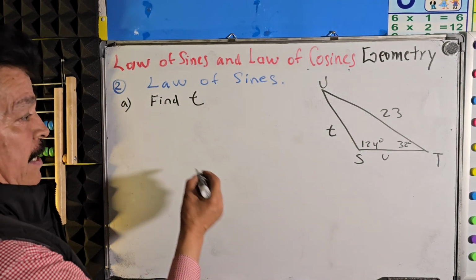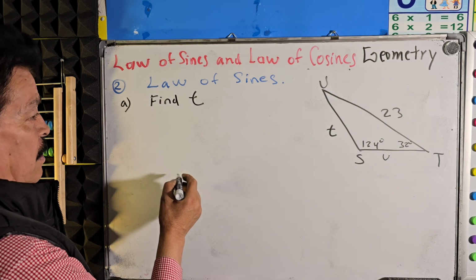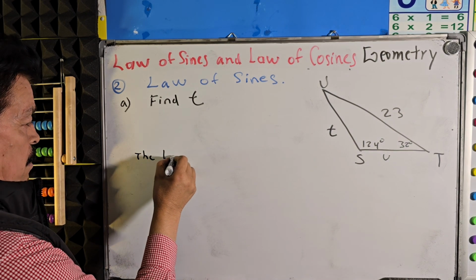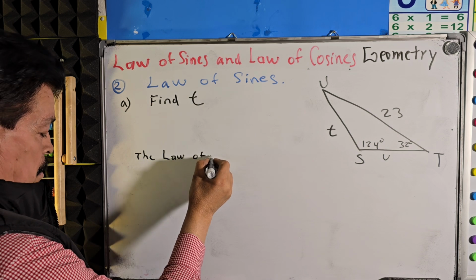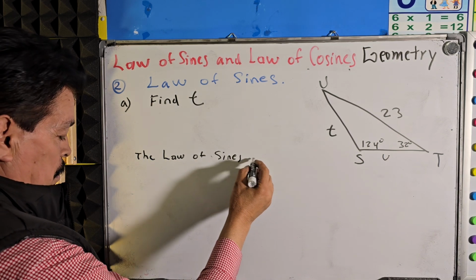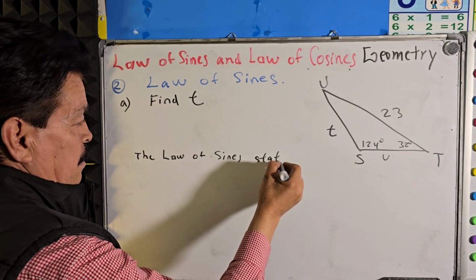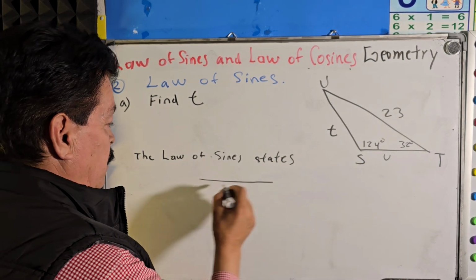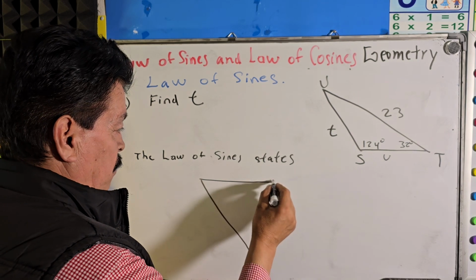So the law of sines. We have the triangle right here. I explained this in the main concept.